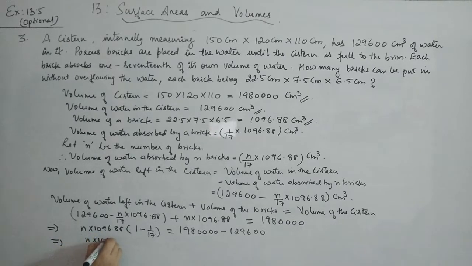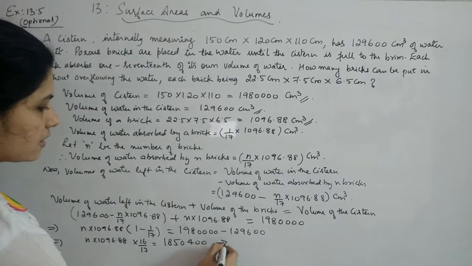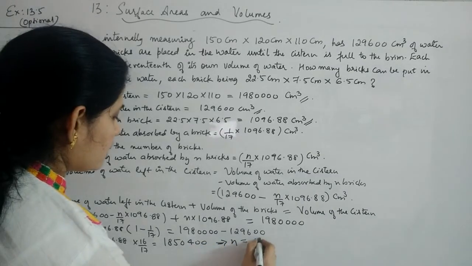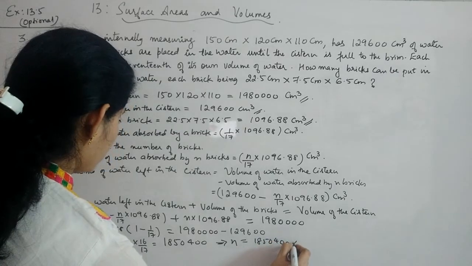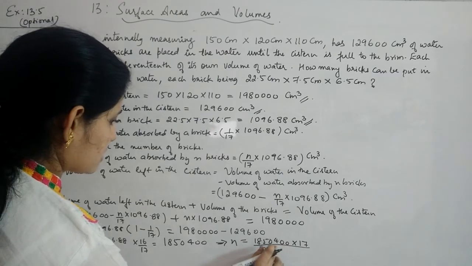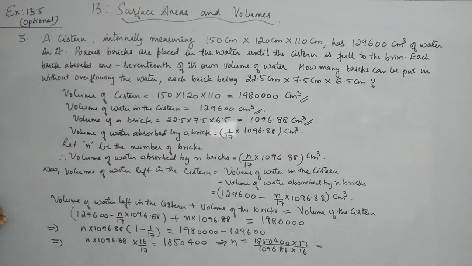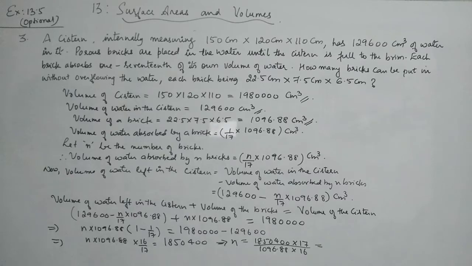So N into 1096.88 into 16 by 17 is equal to how much you are getting after subtraction? You will get 1850400. So N will be equal to 1850400 into 17 divided by 1096.88 into 16, and the value which you are getting after calculation is 1792.410.